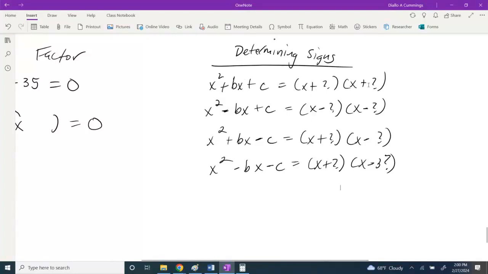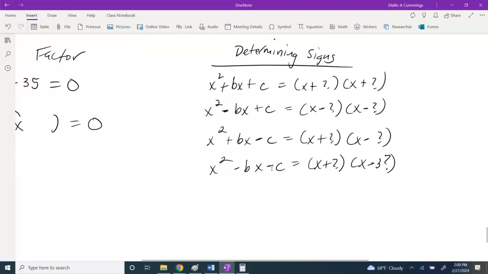So notice both of these terms are positive. In the second setup, my last term is positive, my middle term is negative, so both of the numbers I'm using in my factorization are going to be negative.